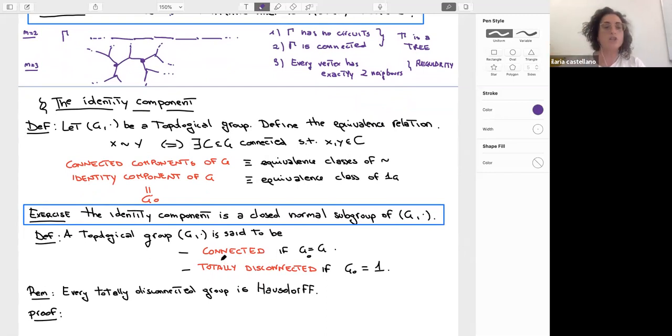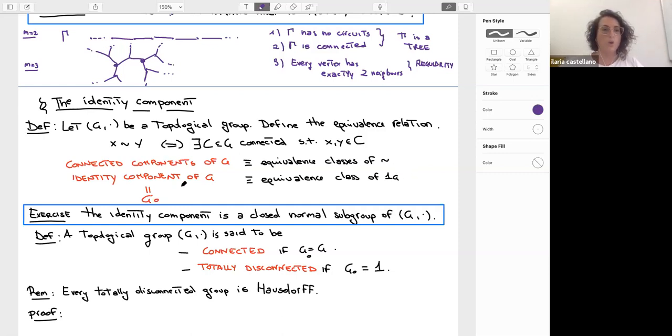So let G be a topological group and define the equivalence relation: x and y are related if and only if there exists a connected subset C of G such that x and y belong to C. Since this is an equivalence relation, we obtain equivalence classes, and these are called connected components of G. But again, we are in the topological group G, so we have a distinguished element, which is the identity.